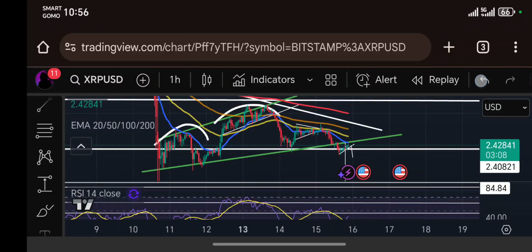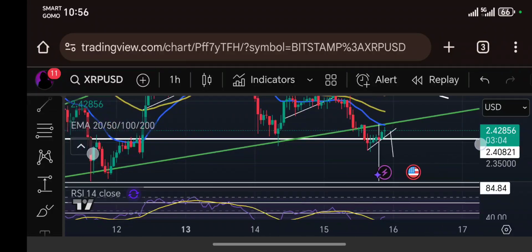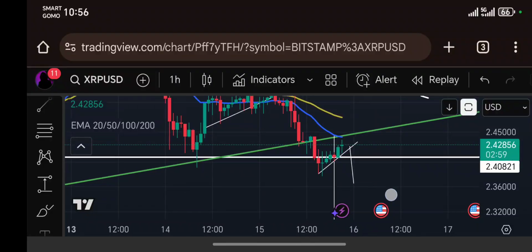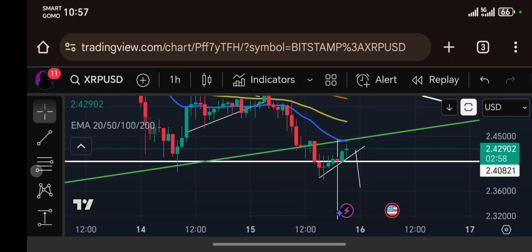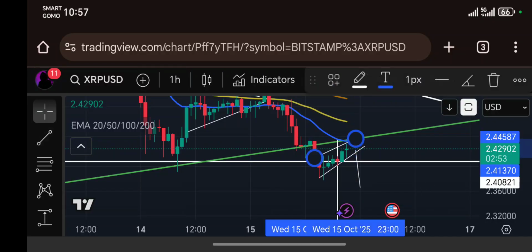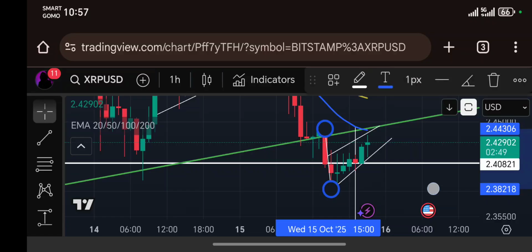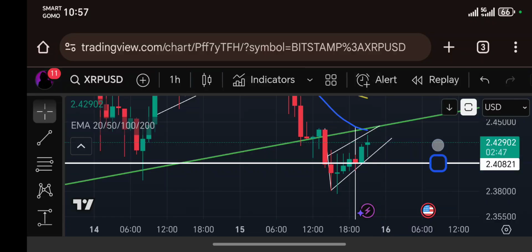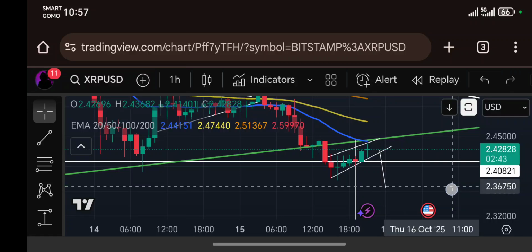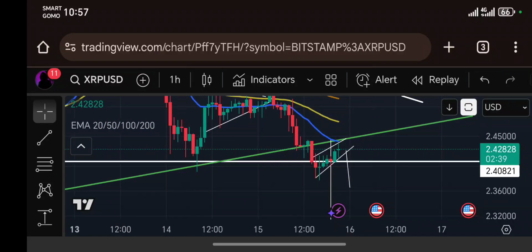Don't get me wrong about this, because we broke that. And also, this could be a bear flag, let me put aside the RSI. So this is your pole. I put it there so you can get a price, and it could go lower at 2.36.